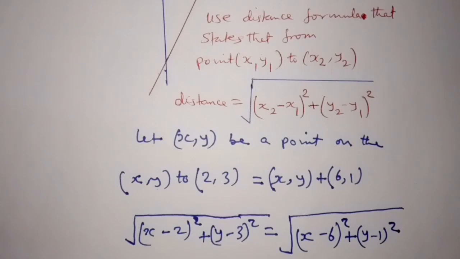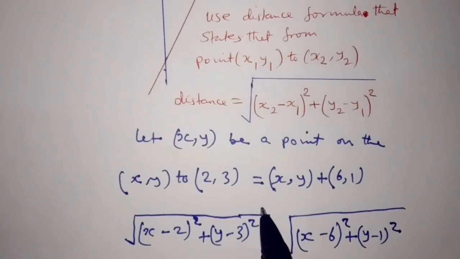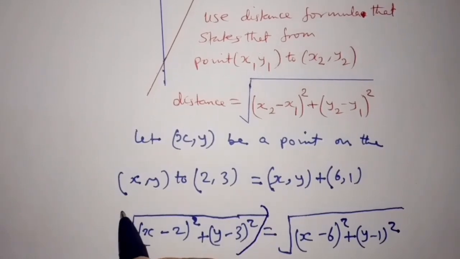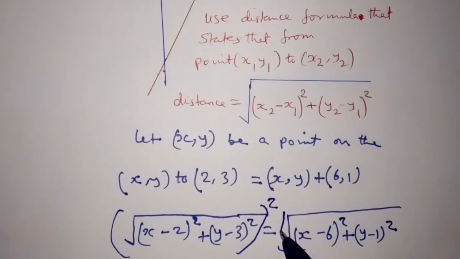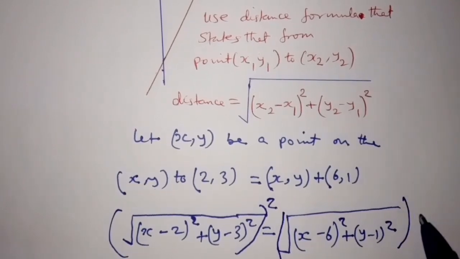So now, we can get rid of the square root by squaring. We can square here and square here.